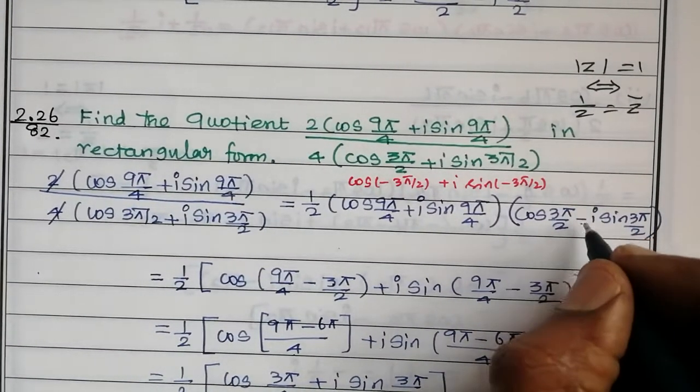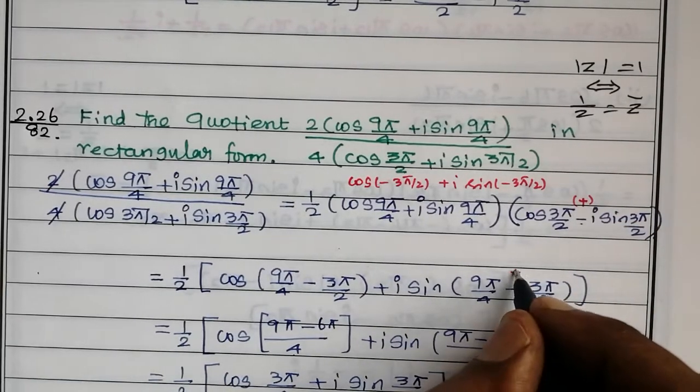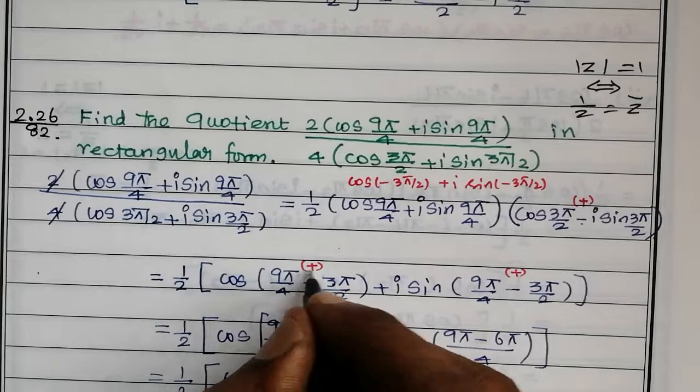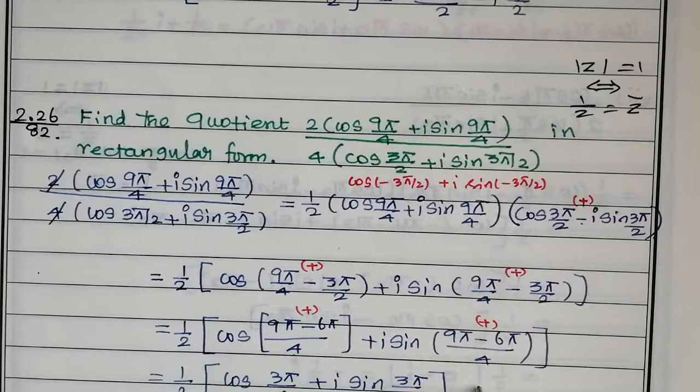So it will come here plus, and after that it becomes 1 by 2 into cos 15π/4 plus i into sin 15π/4.